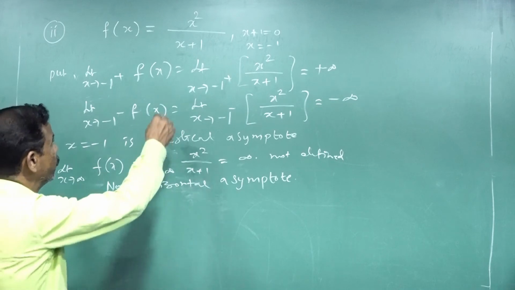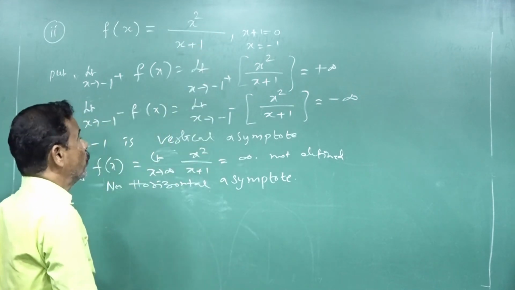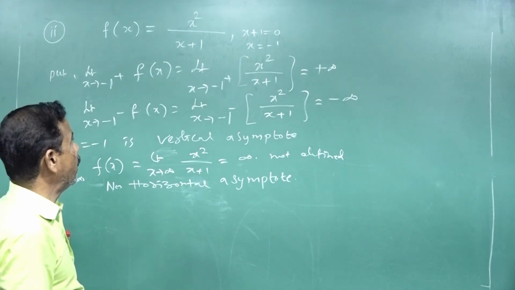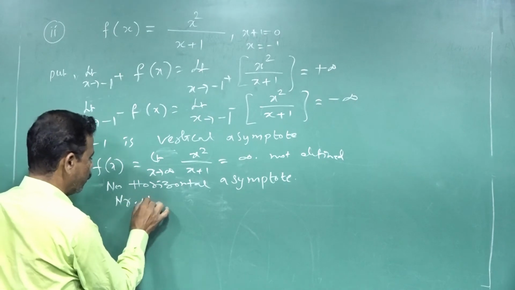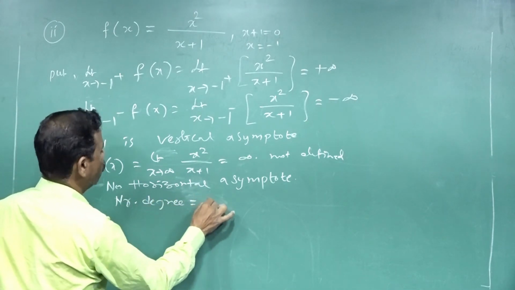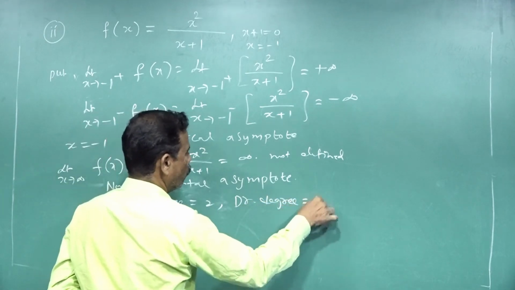Here the numerator degree is 2 and the denominator degree is 1.